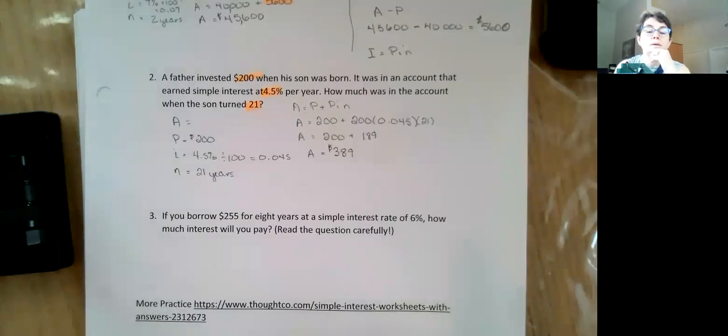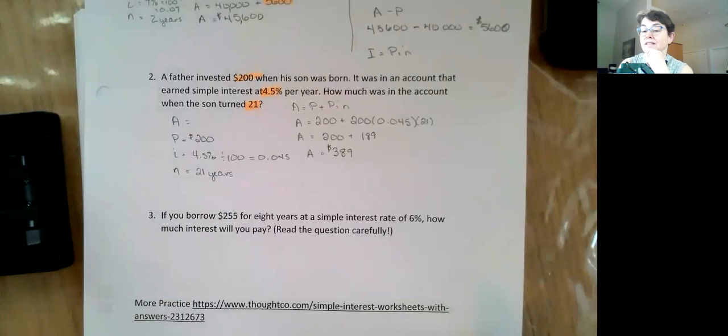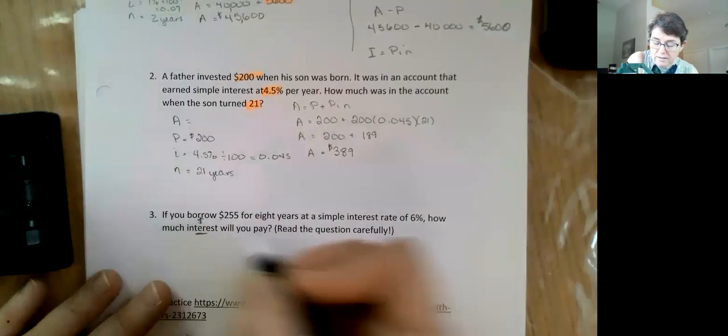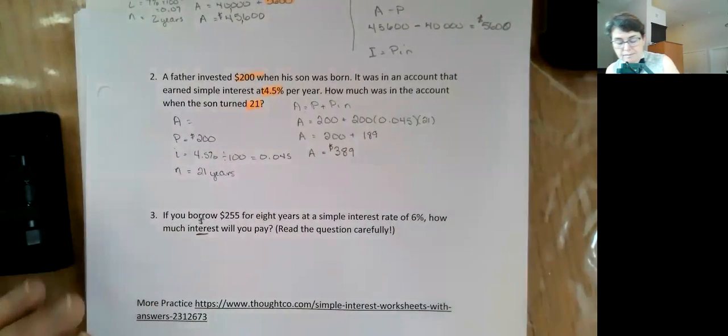If you borrow $225 for 8 years at a simple interest rate of 6%, how much interest will you pay? Well, 6%. Aha. But I was kind enough to add the phrase read carefully. Remember, interest has got to do with money.